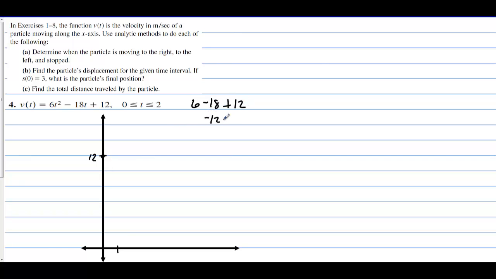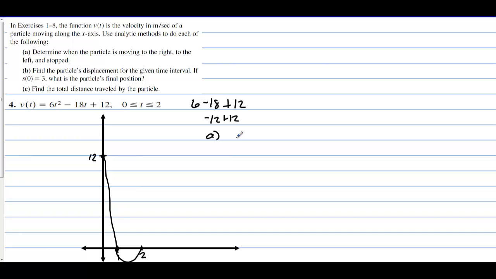That's a -12 plus 12. That is 0. And then when we plug 2 in, we get 0 again. The parabola looks something like that.